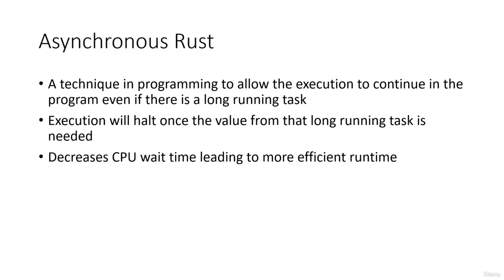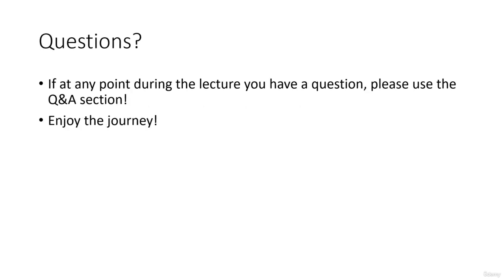Well, we don't want our program to wait 1 minute if we don't need that function until later on in our execution. So we'll kick that function off and keep executing our program until the value from that 1 minute long function is needed. And when that value is needed, then our program will stop and wait. What this does is decrease our CPU wait time, and it allows us to use our resources more efficiently, giving us a better runtime.